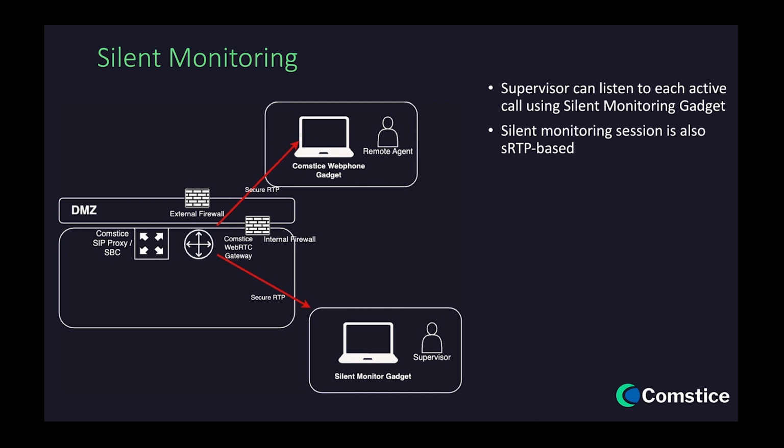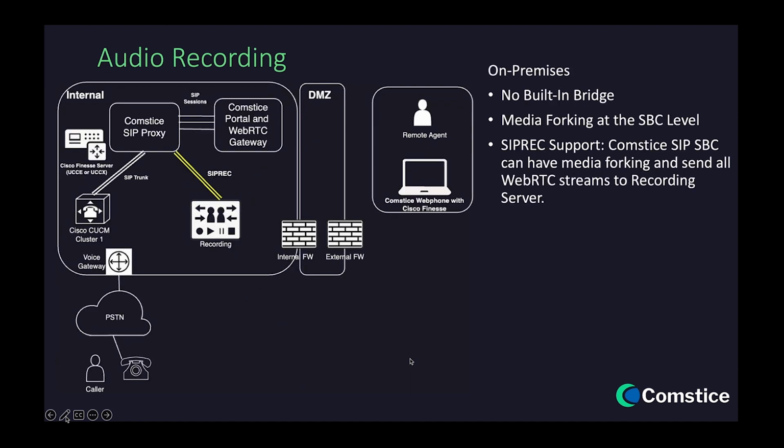The audio stream for silent monitoring comes from the Comstice WebRTC gateway RTP proxy feature. The same goes for audio recording. You can use your Calabrio, Verint, or NICE recording solutions, but the recording stream will be delivered through the Comstice SIP proxy using the SIPREC protocol.